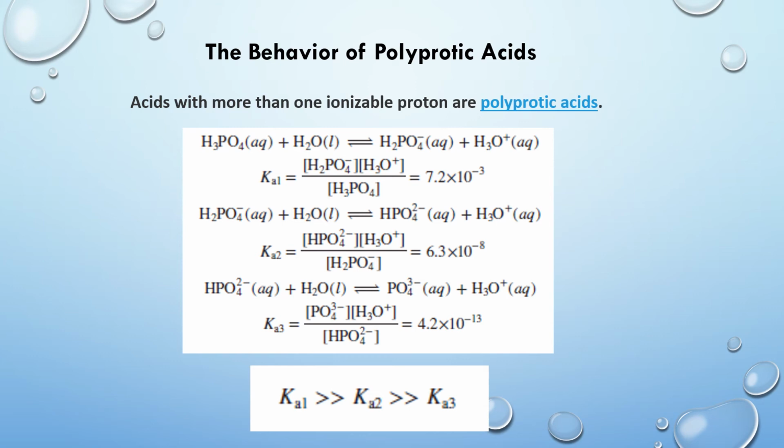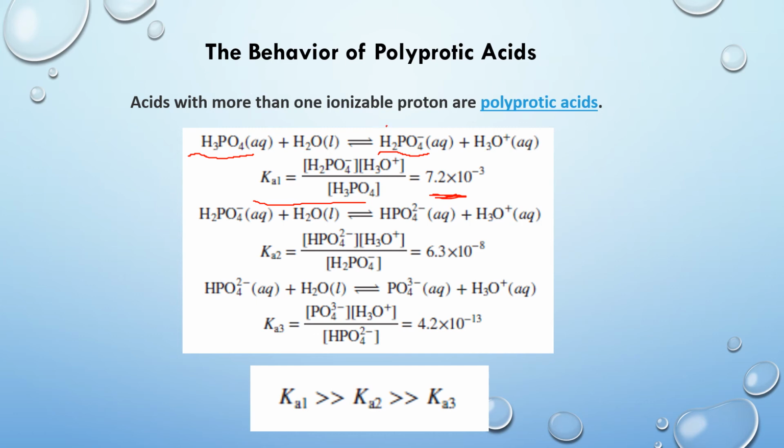For the first proton to be donated, we can use this first reaction: H3PO4 donates the first proton, so it becomes H2PO4 minus. To differentiate the Ka values of the further dissociations, we use Ka1, Ka2, and Ka3. For the first reaction, we have Ka1, the Ka value for the first proton donated. So we write down this expression, we have this Ka value.